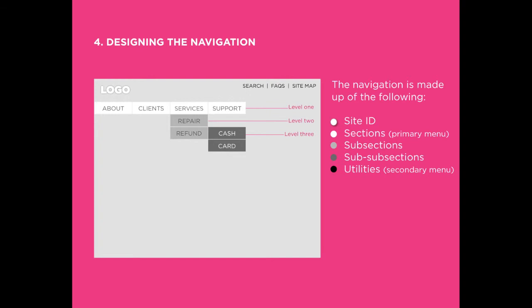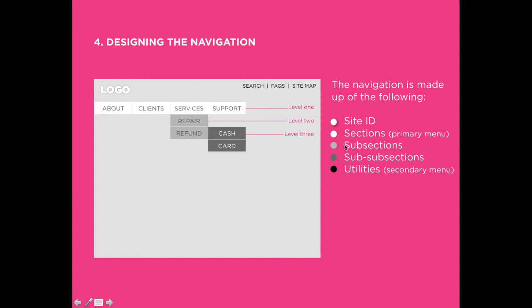Designing the navigation. The navigation is made up of the following: the site ID, which is right here, and the site ID is the highest thing in the logical hierarchy of the site. The sections, which is the primary menu, about, client services, support, for example.